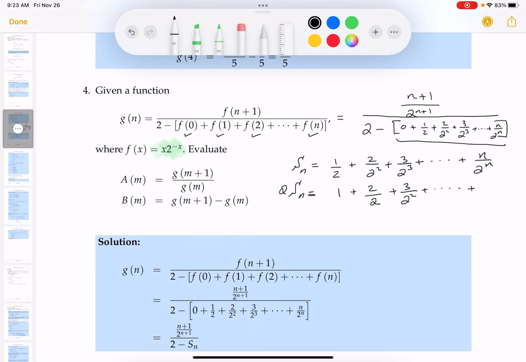And what do you get over here? n over 2 to the n minus 1. Again, that may not be helpful, but I'm starting to realize that I see something. Like I notice this over here. Let me put a little red line in for you. I'm looking at the denominators over here. You get the idea? And by the way, there would be 1 before this one over here too.